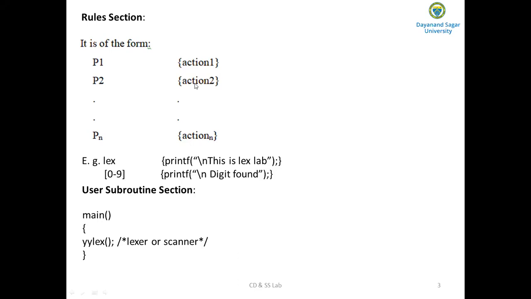And then what is an action? Each action i is a set of C language statements. Actions are nothing but C language statements describing the actions that the lexical analyzer takes whenever the token Pi is found at the input.